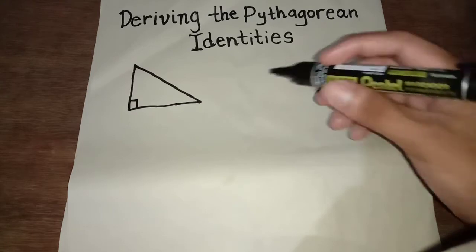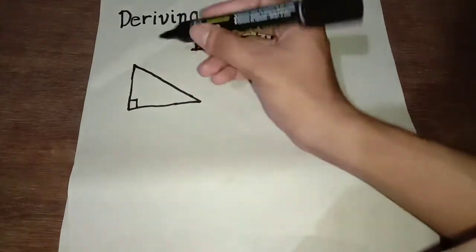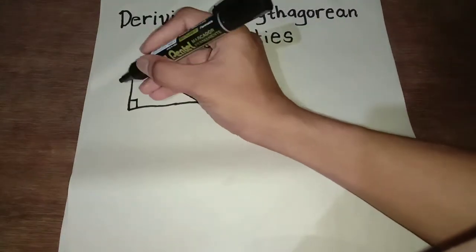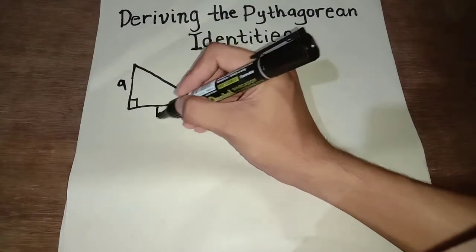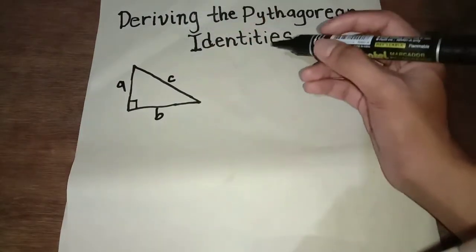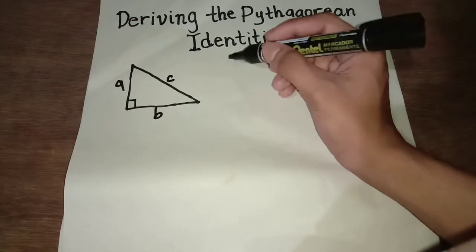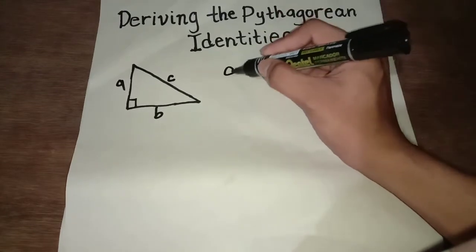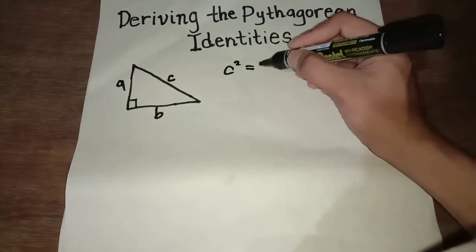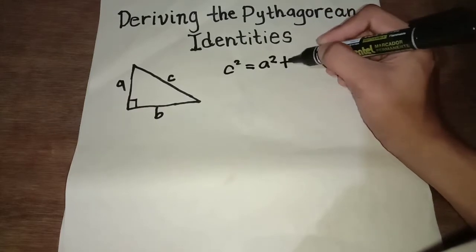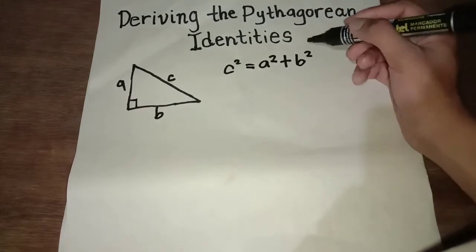So once again, from the given right triangle, label this one as A, this one is B, and the longest side of the triangle is C. From the Pythagorean theorem, we already know that c squared is equal to a squared plus b squared.